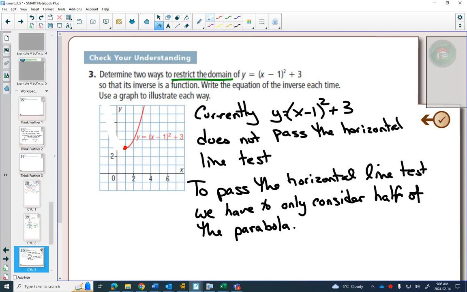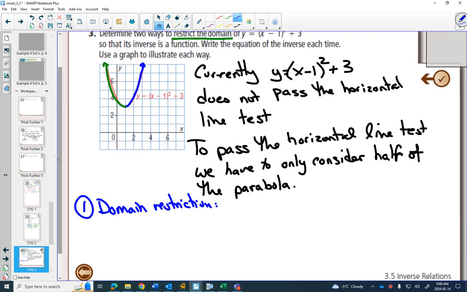So what I'm going to do is color code the right half in blue, and the left half in green. In blue, what's our domain restriction?